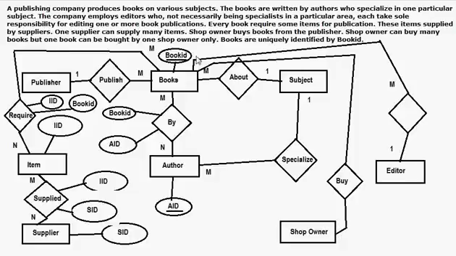Now the shop owner can buy many books, but one book can be bought by one shop owner. So this will be one to many.